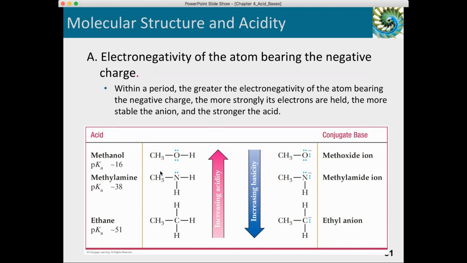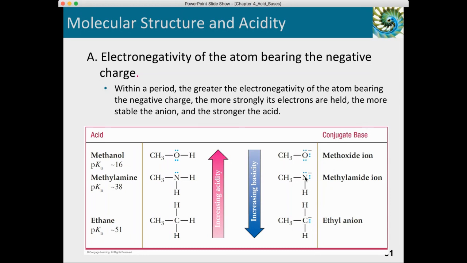Here is the acid, methylamine. The conjugate base is minus the most acidic proton, one of the ones bonded to nitrogen: the methylamide ion. And for ethane, they're all equivalent, so that would be the ethyl anion. So once again, to determine which of these three is the most acidic, I have to draw the conjugate bases and then determine which is more stable.